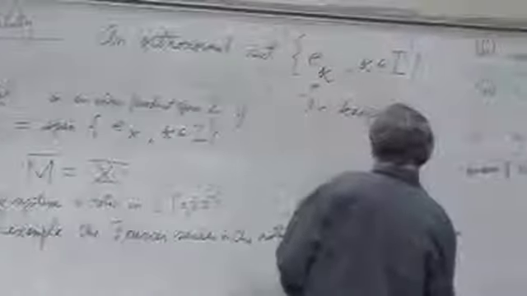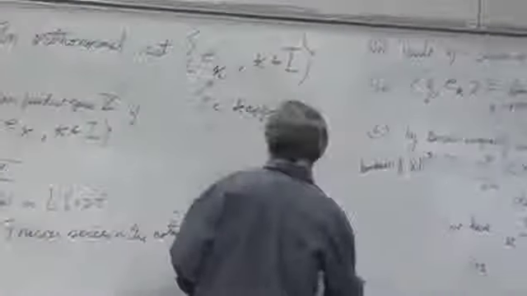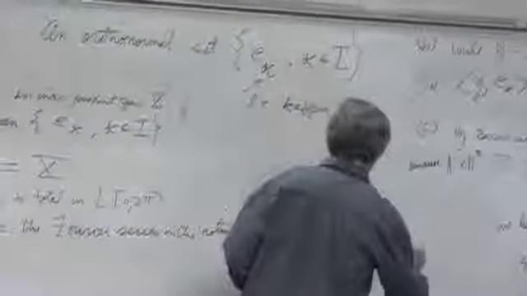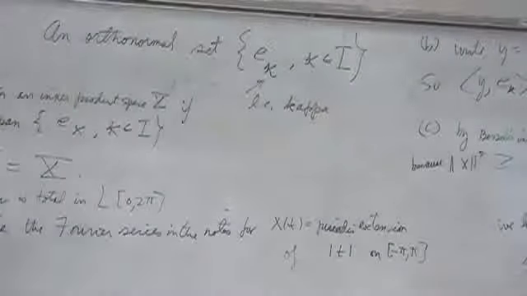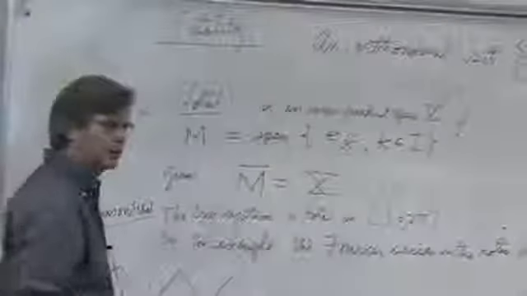I took absolute value of t on minus pi to pi. So I took a function that looked like this. I'm really out of time now. Shoot. This was pi, and this was minus pi. Okay, I just took the absolute value of t.